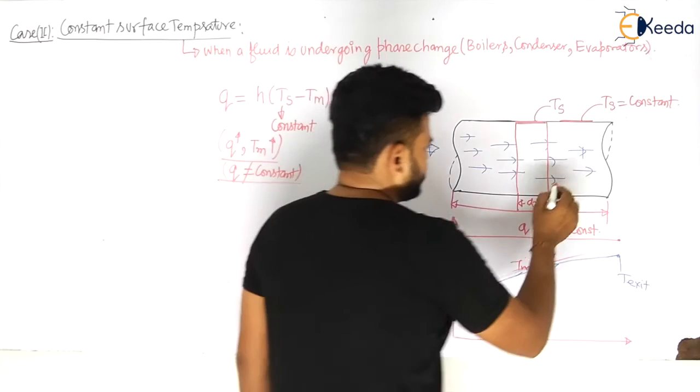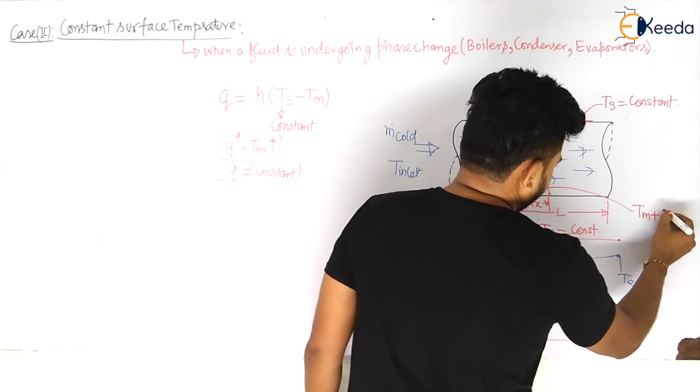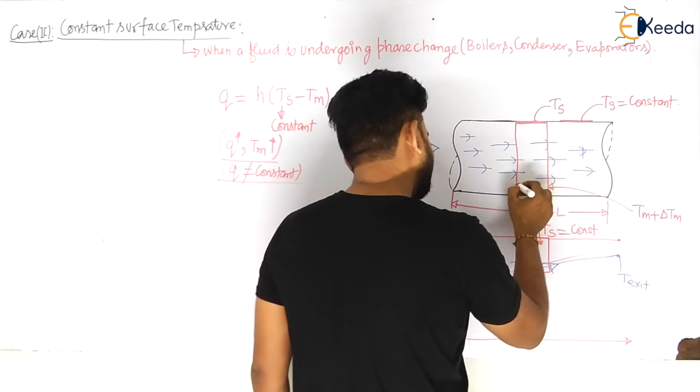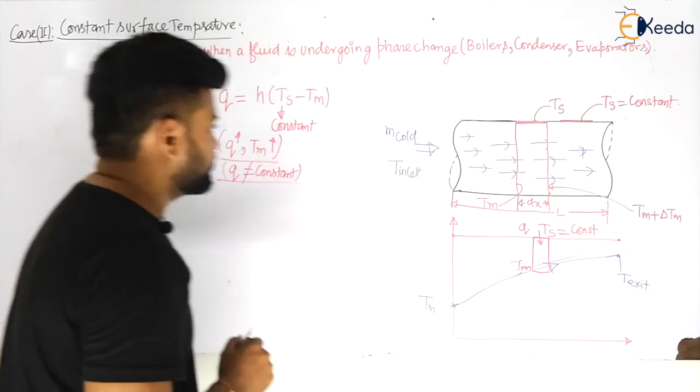Now the temperature here will be Tm plus delta Tm, yes or no? And the temperature at this surface will be Tm, the mean temperature we have considered already.